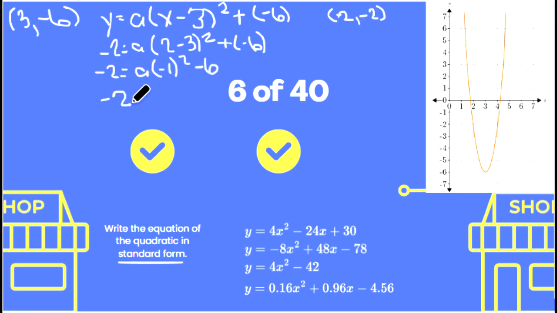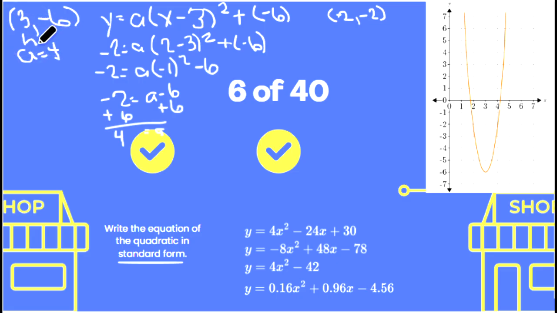So -2 equals a minus 6. We don't need to write the 1. We're going to add 6 to both sides to get a by itself, and that's going to leave us with a equals 4. Okay, so now we know a is equal to 4.